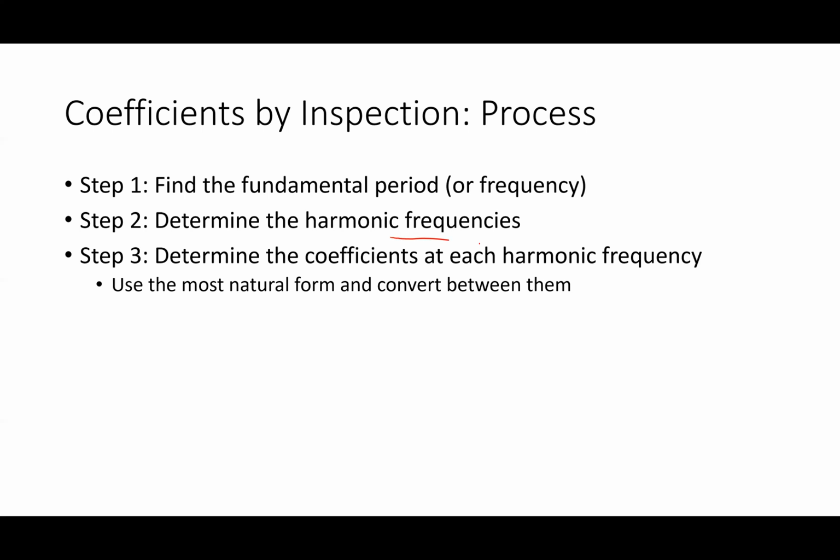Then I have to figure out which coefficients I have at each frequency. Based on the problems I give you, I'm always going to want you to find A, B, C, phi, alpha, and alpha's conjugate. Based on the waveform I give you, you'll figure out which one makes the most sense, and then you convert between the forms.